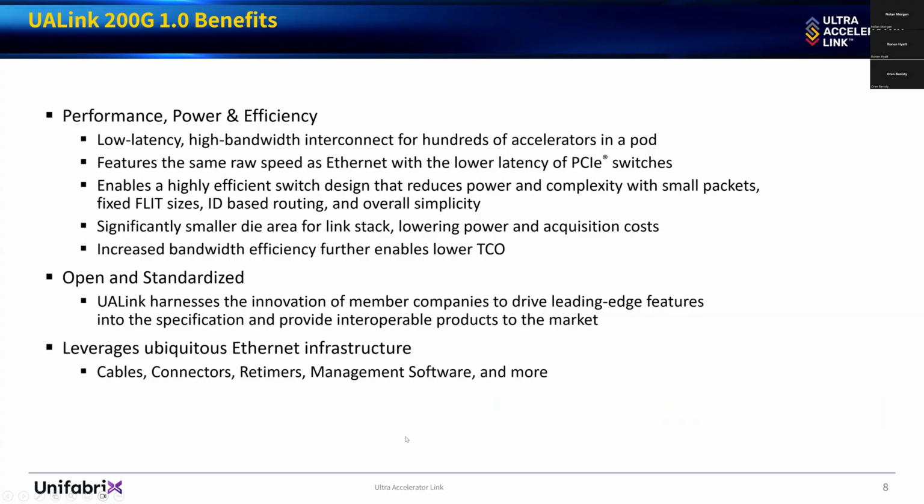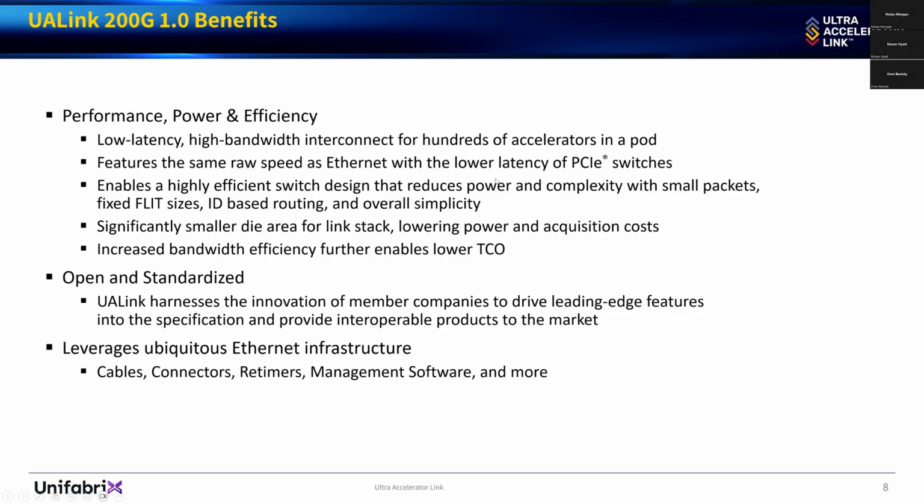Some of the benefits of the UALink 200, the 1.0 specification, are mainly about performance, power, and efficiency: low latency, a high bandwidth interconnect, the same line speed as Ethernet. Ethernet typically uses the highest available type of SerDes. Today it's 200G serial, and it's growing rapidly to higher speeds.